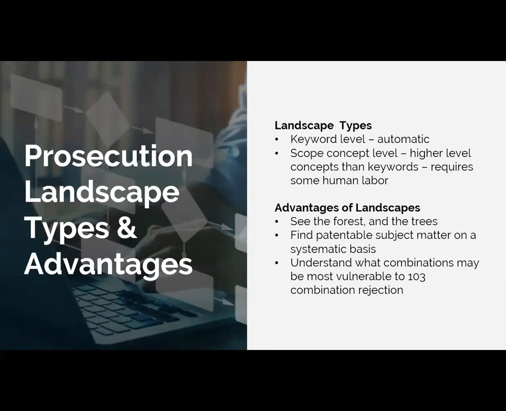Keywords are easier because you just look for those in the specs of the patents, and you can look for synonyms and match them up. Concepts are more difficult because they don't match up quite as readily. Even with AI, it can be a struggle to figure out if a concept is contained in a patent. But if you do that, you get some really wonderful insights.